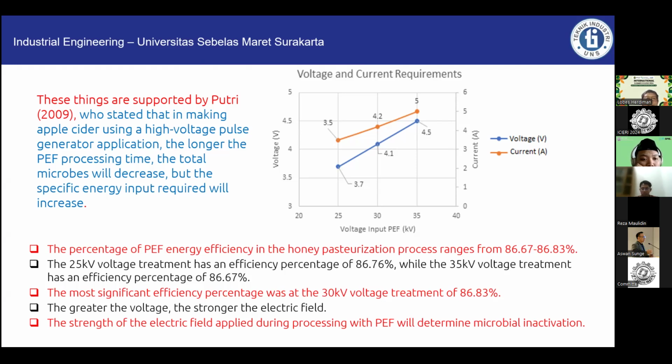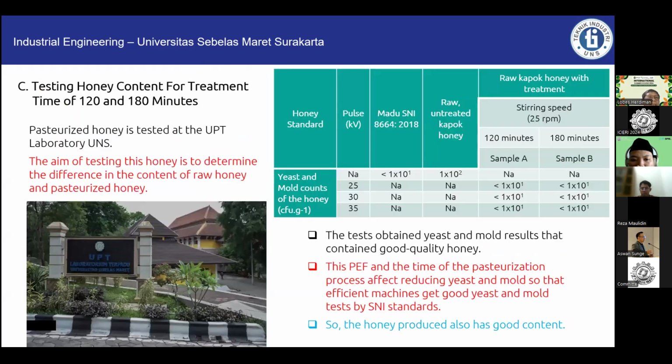The most significant efficiency was at the 30 kilovolt voltage treatment of 86.83%. The greater the voltage, the more it distorts the electric field. Testing honey content for treatment times of 120 and 180 minutes. Pasteurized honey is tested at the UPT laboratory and UNS.